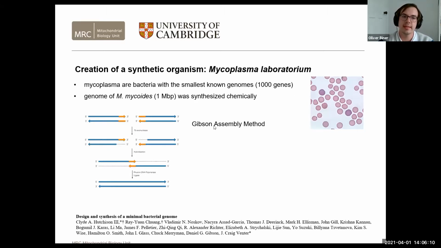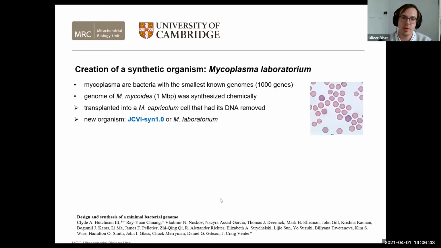So chemists then synthesized chemically in the lab the genome of Mycoplasma mycoides from the bottom up using a method called Gibson assembly method. So in principle, they synthesized long strands of DNA, DNA oligomers, and then annealed them using PCR technology until they reached very long DNA fragments and in the end, the whole synthetic genome.